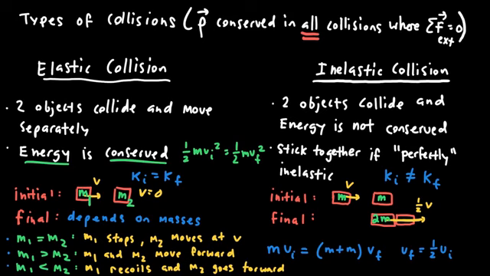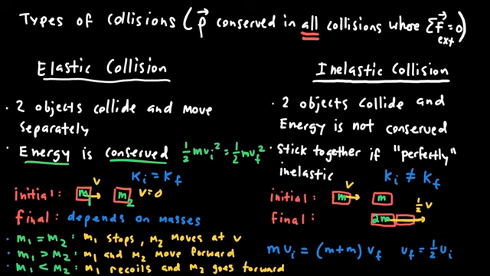Especially in this case, where m1 recoils backwards, you would have to account for that momentum in your equation by writing a final momentum that would be negative for object number 1. In each of those cases, the momentum has to add up to be equal in the initial and final cases.